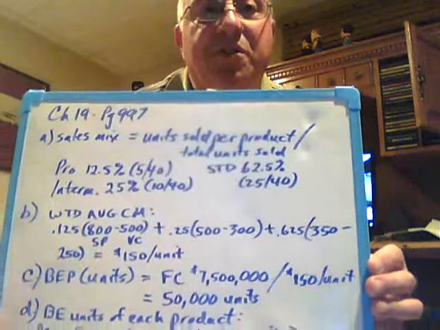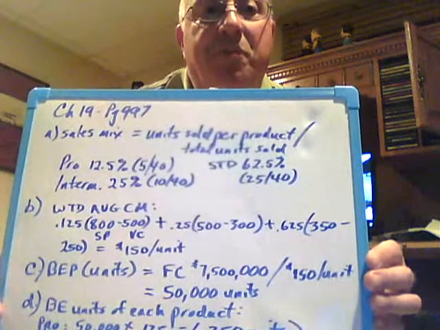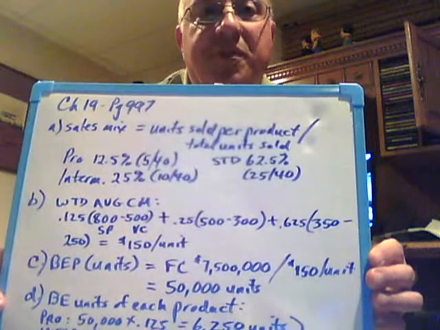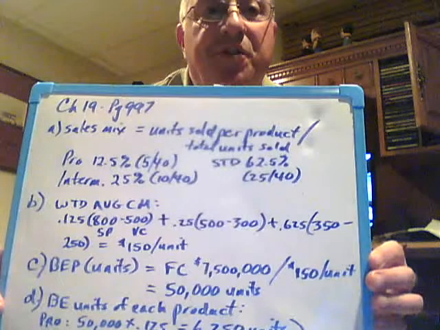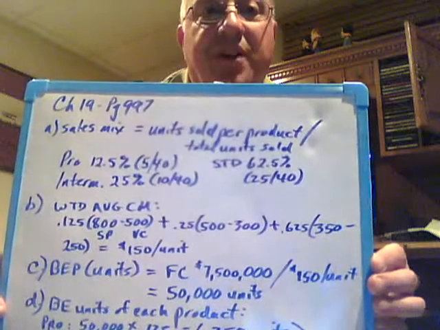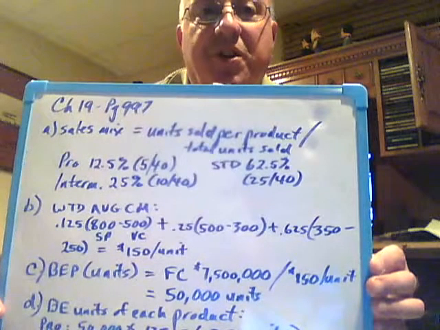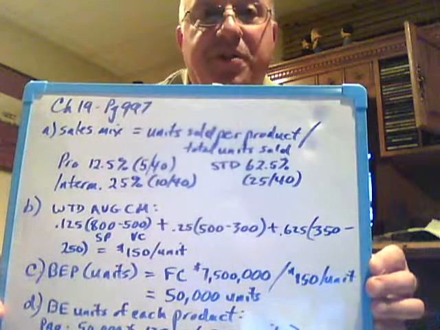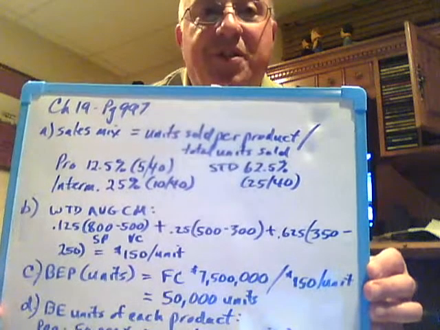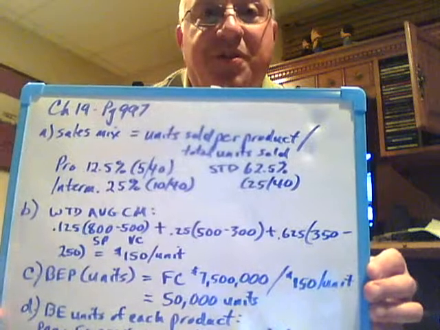Now, how can we use this? Well, we can use this to come up in part C with our break-even point in units, because remember that when we do the break-even point in units, we're dividing the total fixed cost by the contribution margin per unit. So when you divide dollars per unit into dollars, you're going to get units as a result.